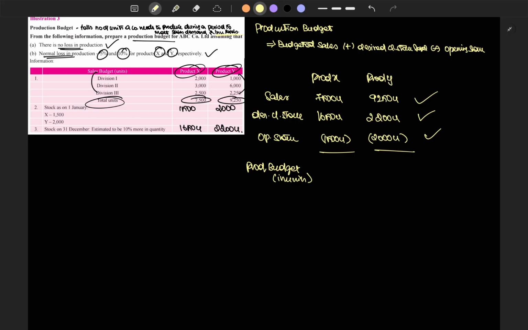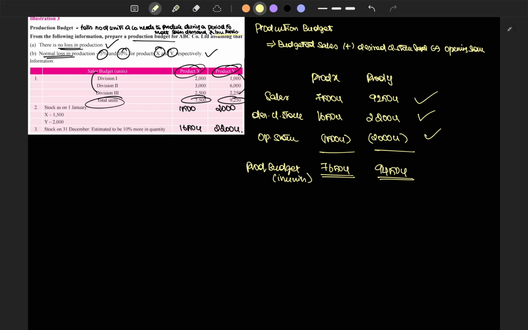So production budget: 7500 units plus 1650 minus 1500, so 7650 units of product X need to be produced for the concerned period, and 9250 of sales plus 2200 minus 2000 units of opening stock, which is 9450 units of product Y, need to be produced.